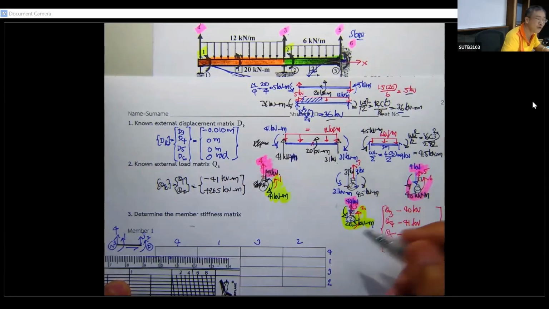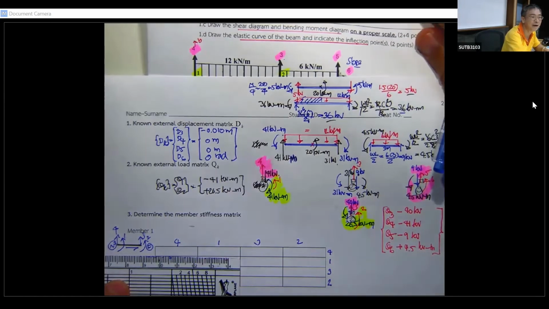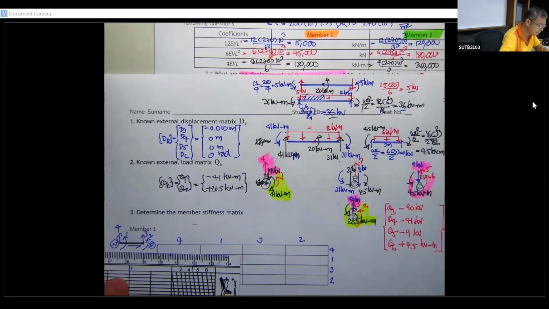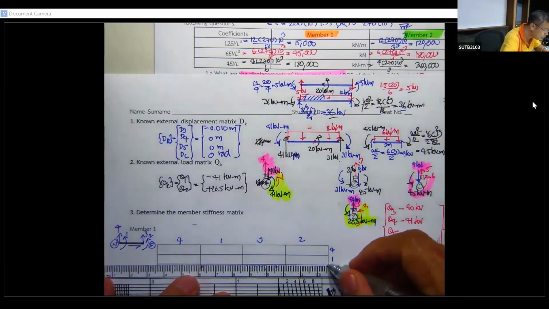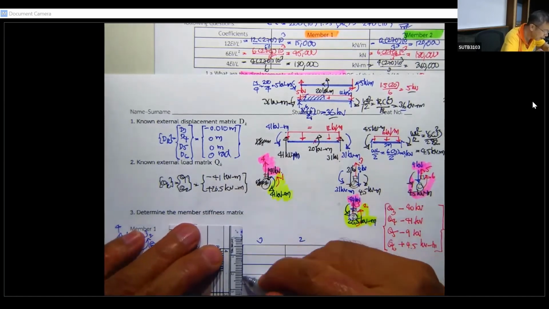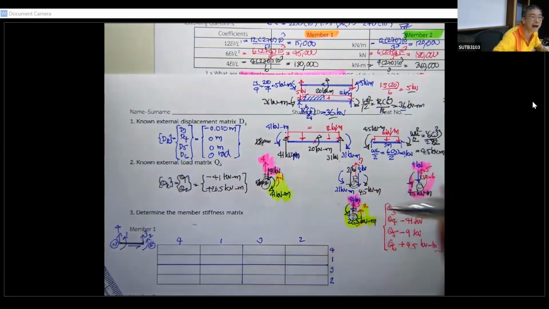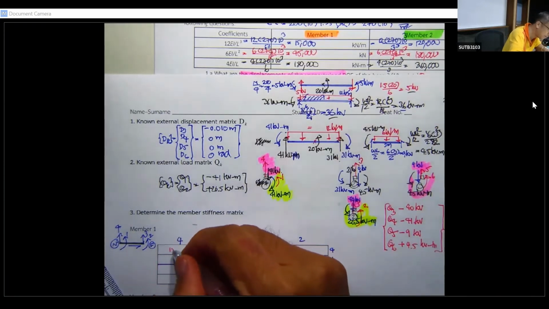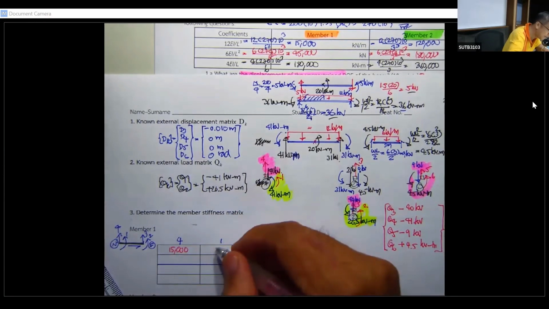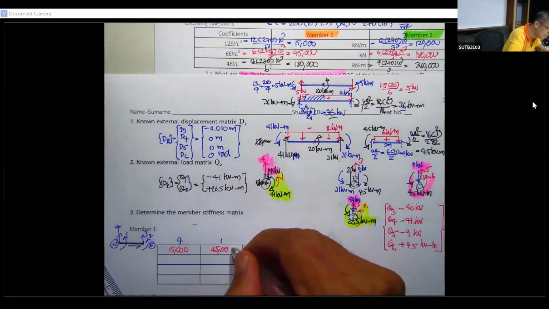And now we come to the number that we had before, and if you may remember, we may divide this one into 4 blocks. The first one we may put is going to be this one, 15,000, and the second one is going to be 45,000.